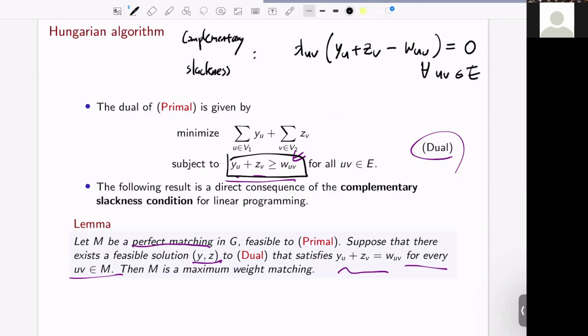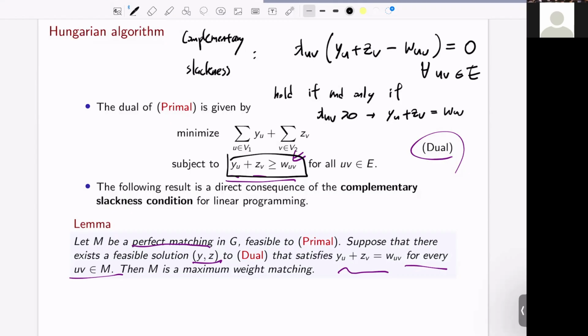And this thing holds if and only if x_uv is positive. So what it means is I take this edge uv in my matching. Okay, so you have this edge uv in your perfect matching, then you have to satisfy the constraint for the dual with equality. Okay, otherwise the product will not be 0.